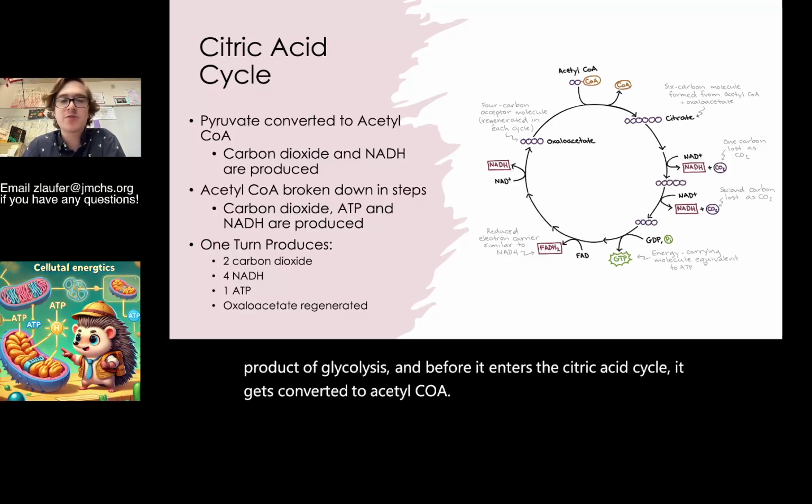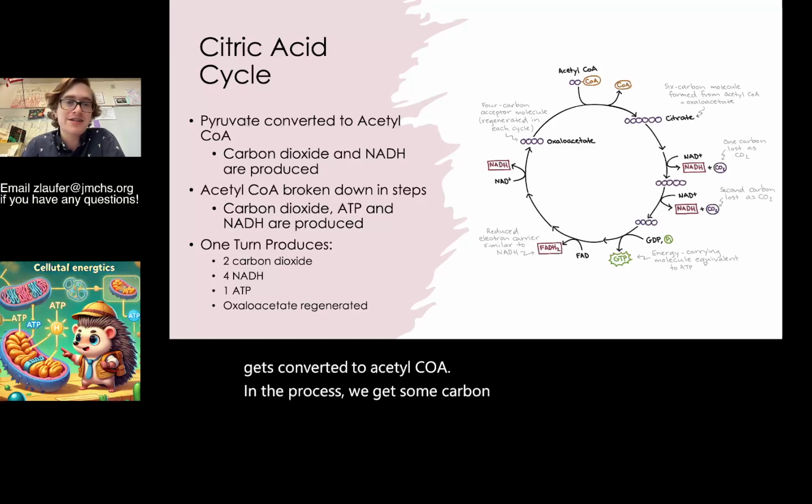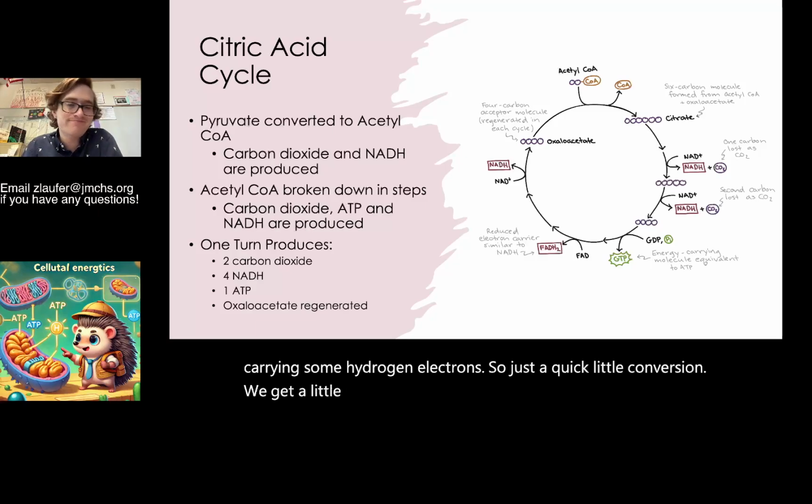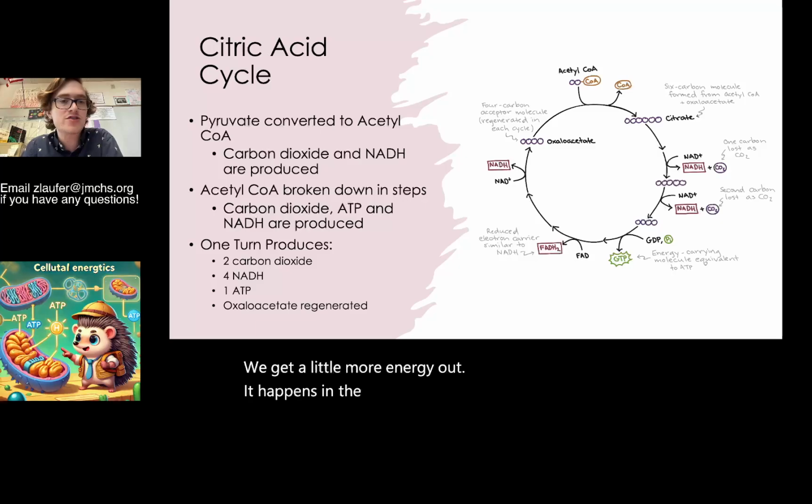In the process, we get some carbon dioxide and NADH, again carrying some high energy electrons. So just a quick little conversion. We get a little more energy out. It happens in the mitochondria before it gets to this citric acid cycle.